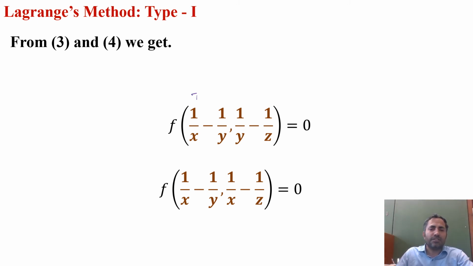Here the first and second we have selected, here the second and third, and here the first and third fractions we have selected. So in this way we can obtain the result of such a quasi-linear partial differential equation. Hope it is clear, the concept of using Lagrange method type 1 to solve the partial differential equation.